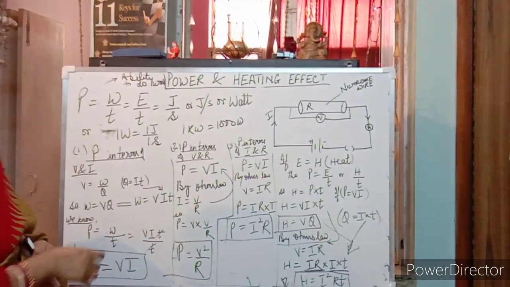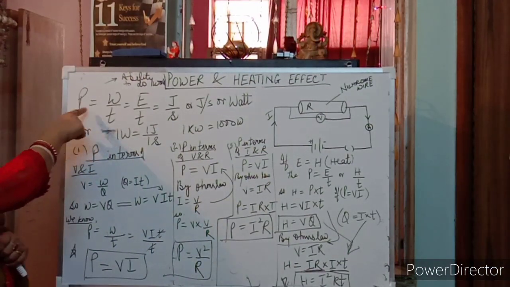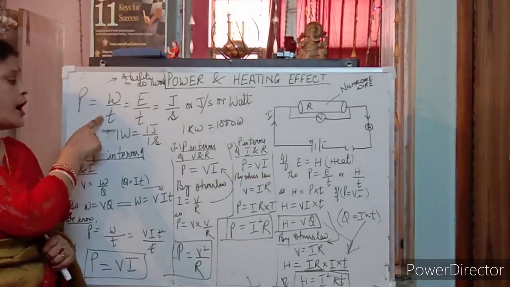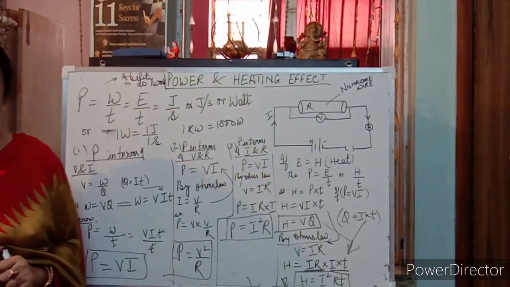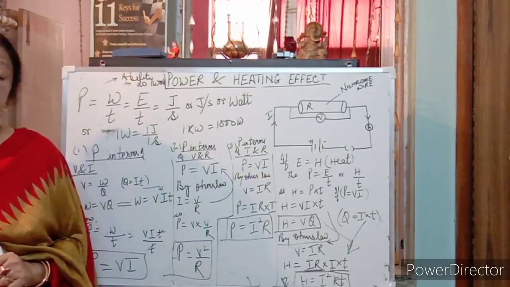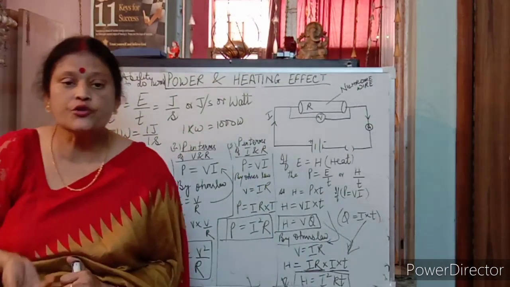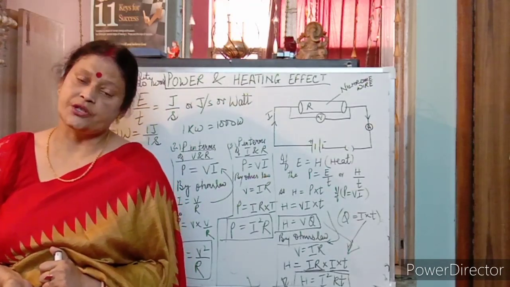Rate means I am talking about time. So power is equal to work upon T, that is W upon T. And we also know the relationship between work and energy: the ability to do work is called energy.